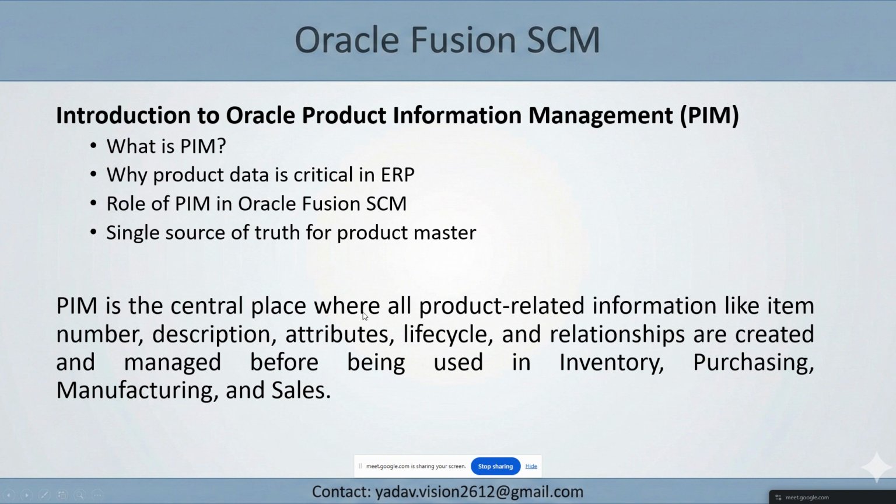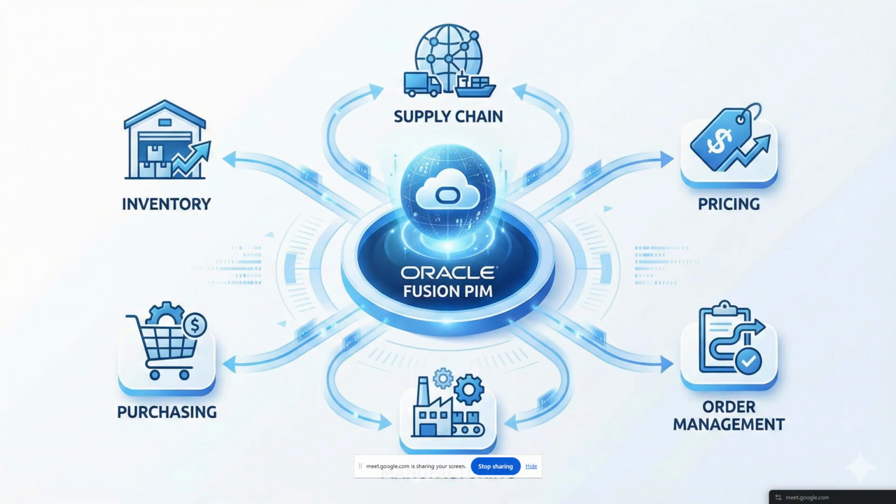So let's see how we are going to have the different components in the PIM and how we are going to create the items. This is how it interacts with the different modules. If you create the item in Oracle Fusion PIM, it's going to be reflected in pricing, order management, and you can see it in manufacturing, purchasing and inventory.